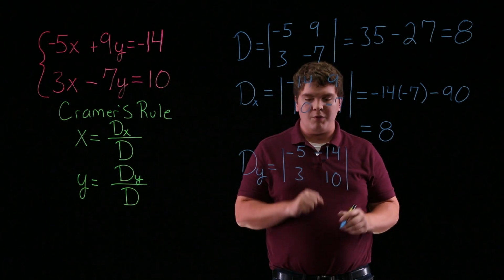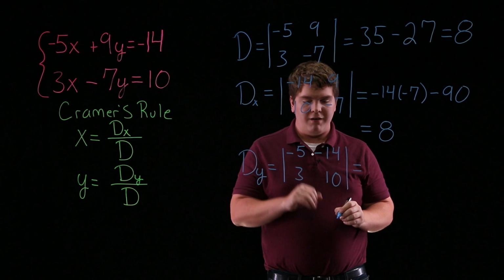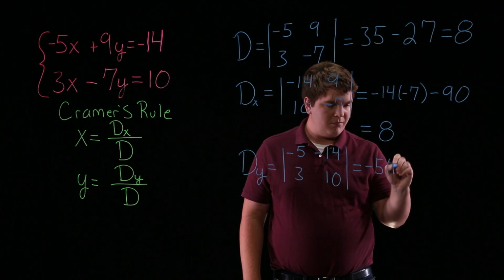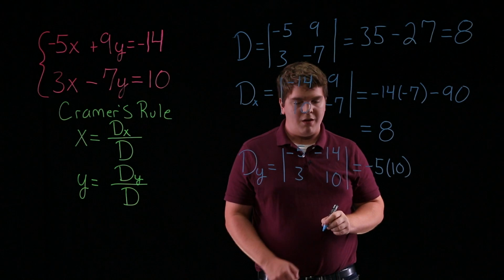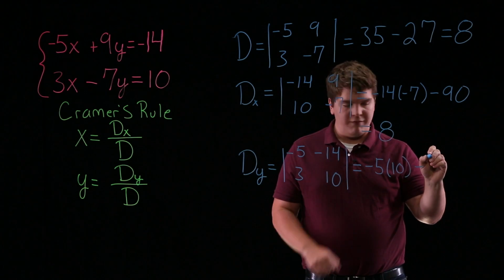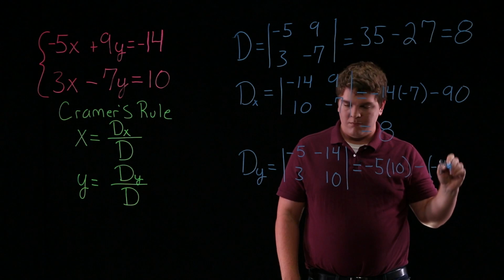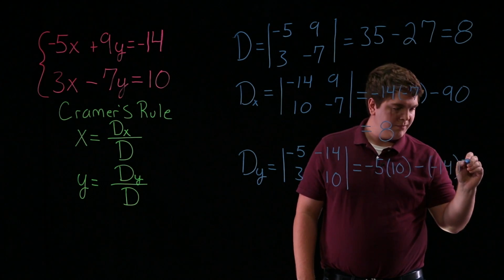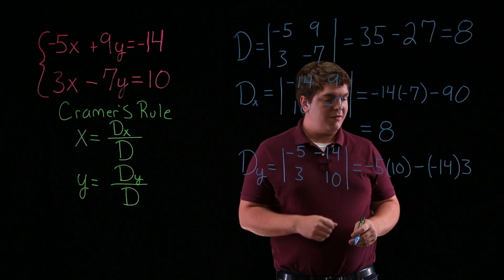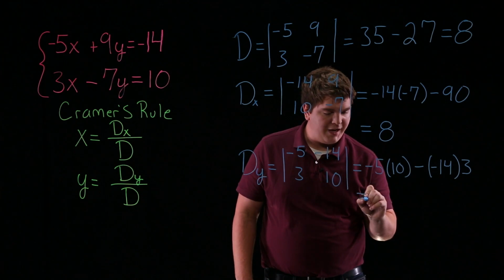And here, this will be equal to -5 times 10 minus -14 times 3. So what we see, this is going to be equal to -8.